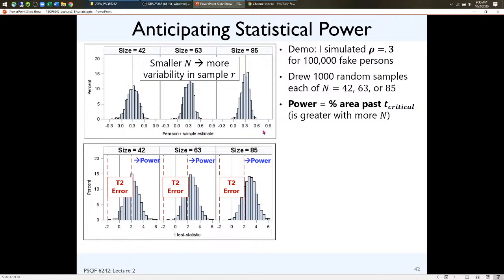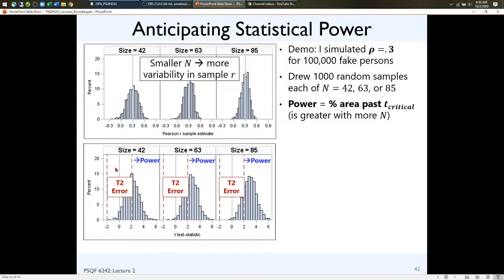So recall that in getting a t-test statistic for a correlation value, the only other thing you need to know is n. So given correlations of the same value, of the same effect size, smaller samples are going to lead to lower t-values, whereas larger samples will lead to higher t-values.